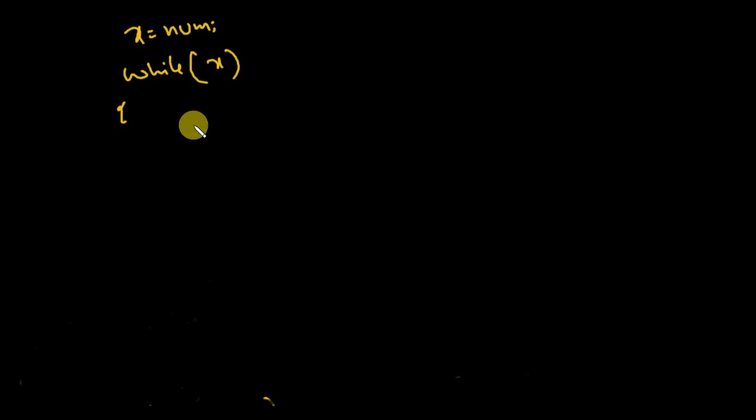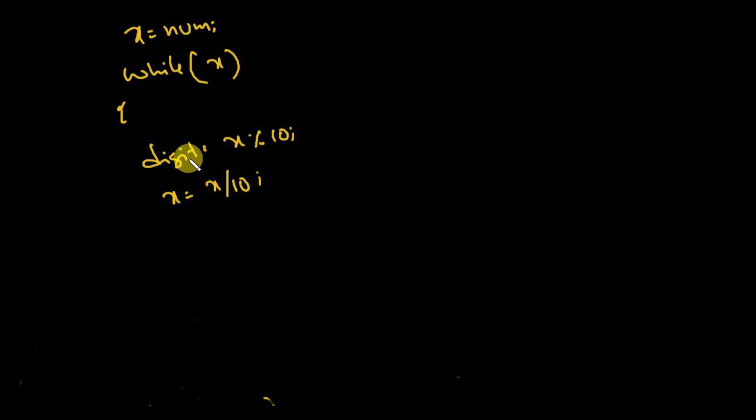Now I have to take the last digit, so I'll write digit equals x modulus 10, so the last digit is obtained. Now I have to take that number and divide it by 10, so that the last value is removed. This is to get the last value, this is to remove the last value.